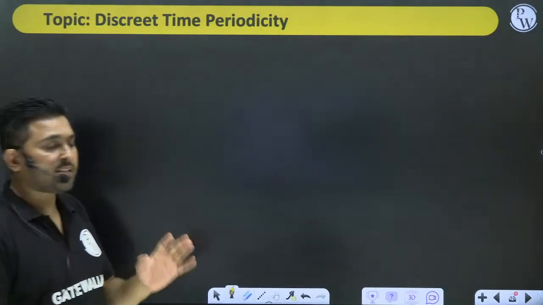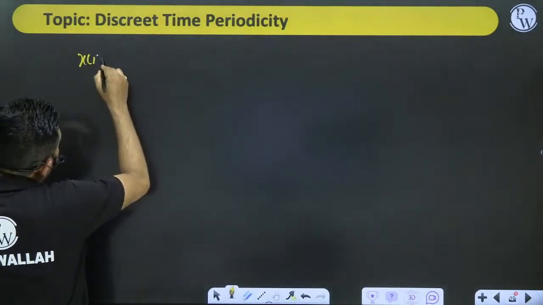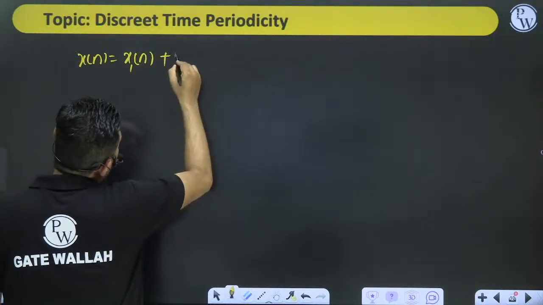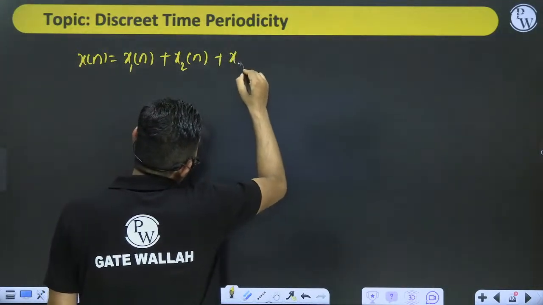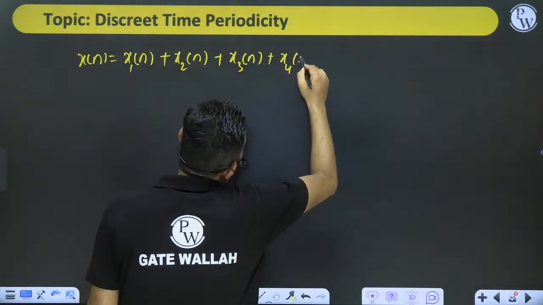Now again, exactly the same thing. Suppose I have, let's say, x[n], which is the combination of x1[n] plus x2[n] plus x3[n] plus x4[n] and so on and so forth.